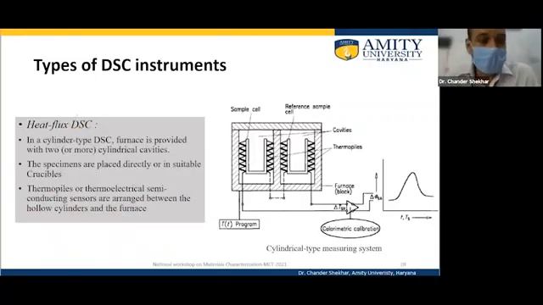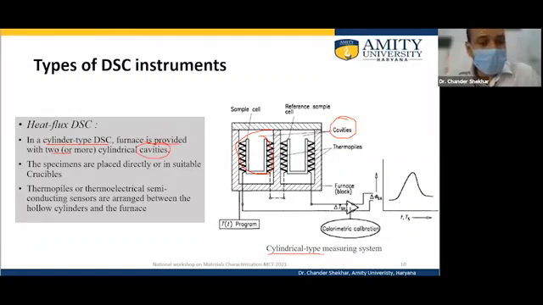So depending upon the geometry, there is this type of heat flux DSC where the sample and reference are kept in the same furnace, but there are different chambers, known as cavities, for the sample and reference, with thermopiles. That kind of arrangement is known as the cylindrical type system. In a cylindrical type DSC, the furnace is provided with two or more cylindrical cavities.